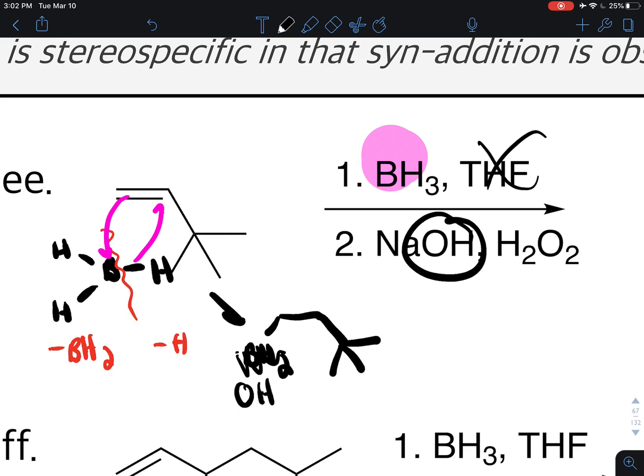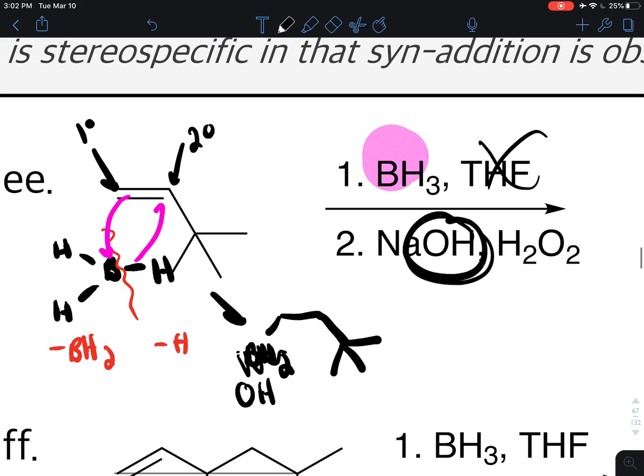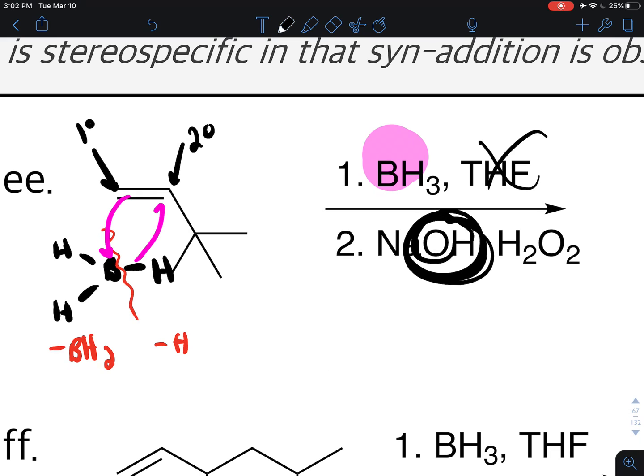Okay, so in terms of mechanism, that's all we need to know. But if you look at the starting material again, we had a primary carbon. Here we had a secondary carbon. Notice how the hydroxyl group, or the alcohol, is on the primary carbon, not the secondary. Okay, and that's because of how borane aligns with our pi bond.